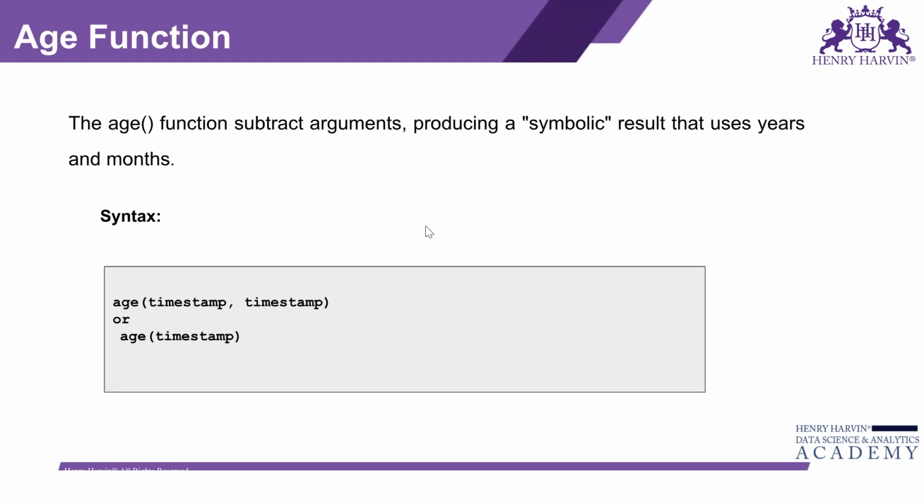What the age function does for us in MySQL, the particular function we're talking of, is subtract the argument, producing a symbolic result that uses the years and the month.